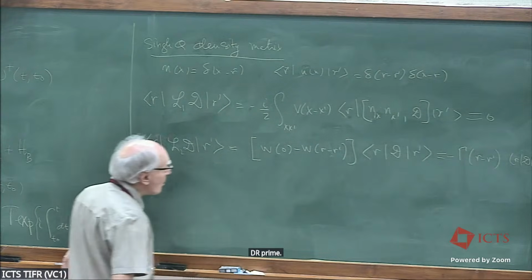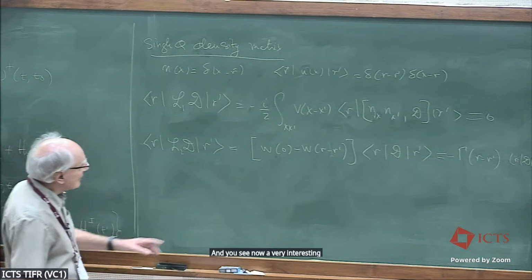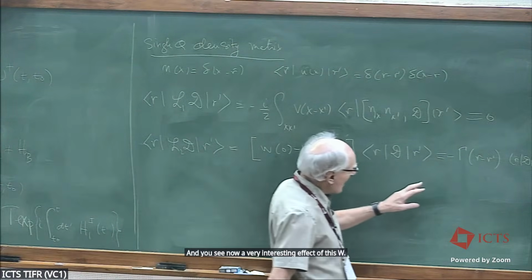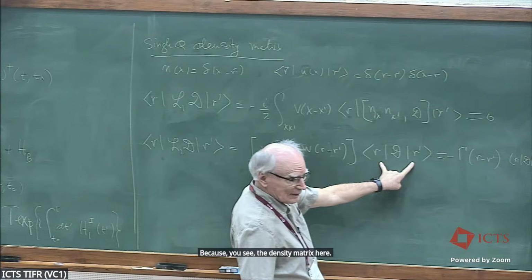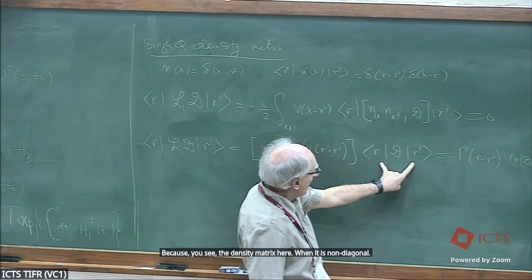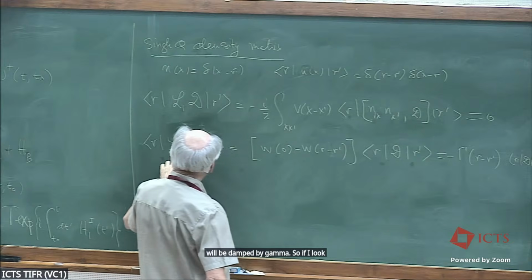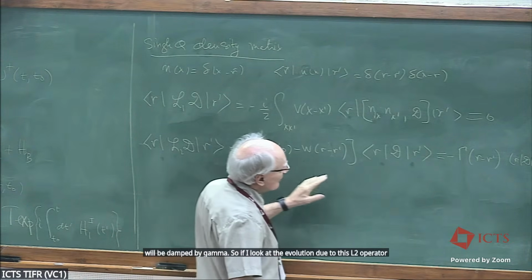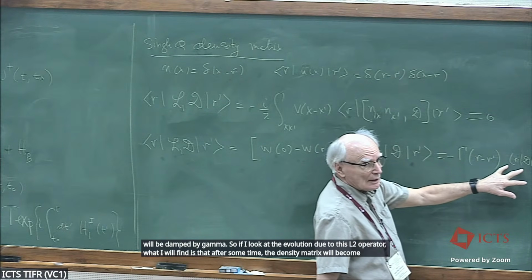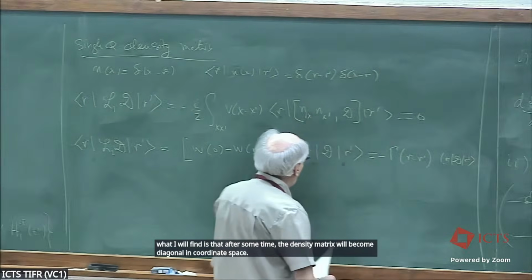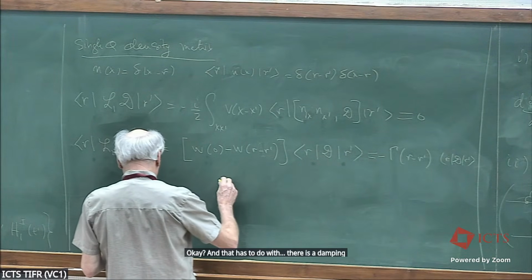You see now a very interesting effect of this W, because the density matrix, when it is non-diagonal, will be damped by gamma. So if I look at the evolution due to this L2 operator, what I will find is that after some time, the density matrix will become diagonal in coordinate space. There is a damping of the non-diagonal matrix elements.